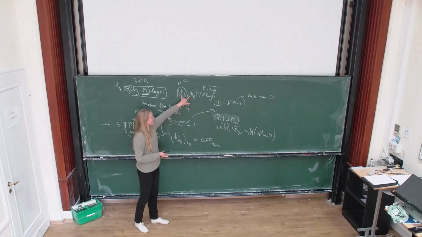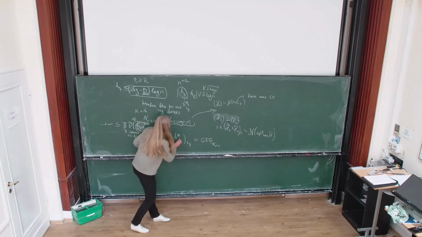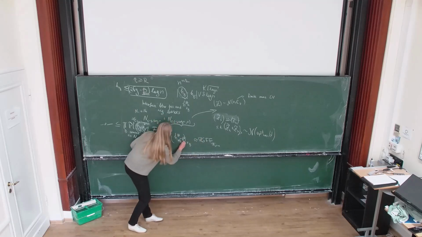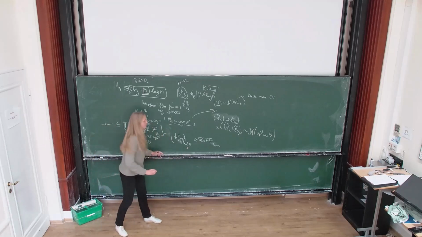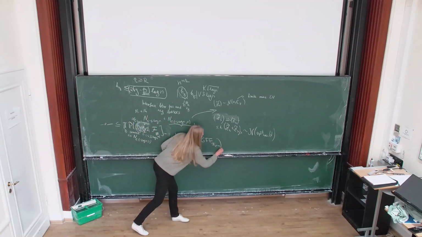So these gradients behave like the gradients of the GFF x beta plus, let's pick a direction, alpha E1 or E2. Here my edges are either these or these.